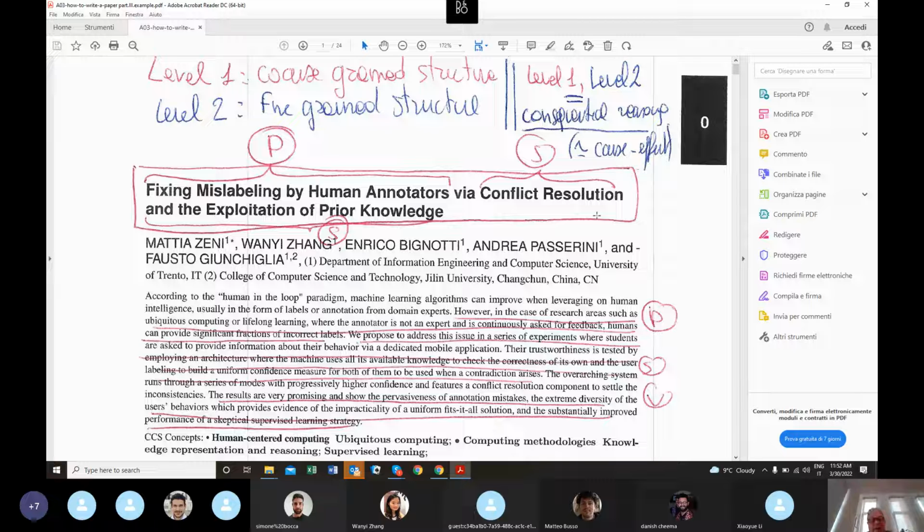If you wrote a similar paper in Giunchiglia, most likely you'd have to put activity recognition somewhere, because Giunchiglia is much broader on the technology side, so you have to consider and make the technology part more explicit. Anyhow, now you read the abstract, and the abstract I put is the first level grain structure.